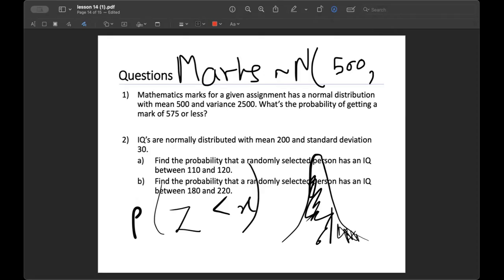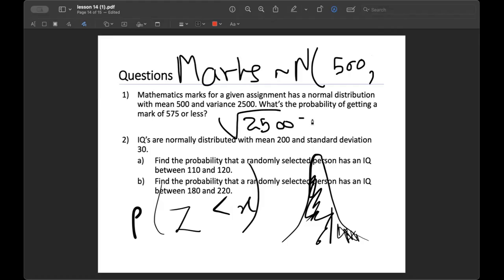So here we have 500, and the next parameter is what? Is it standard deviation or the variance? Standard deviation. They have given the variance, so we take the square root of the variance.